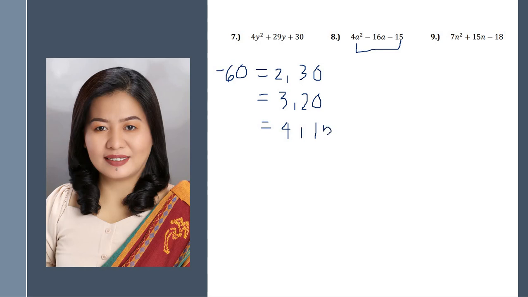If we subtract, it will give us 11. 5 and 12 gives 7, not 16. 6 and 10, 6 plus 10 is 16, but when we subtract, that's 4. 7, 8, 9, 10, and so we're back. So this cannot be.